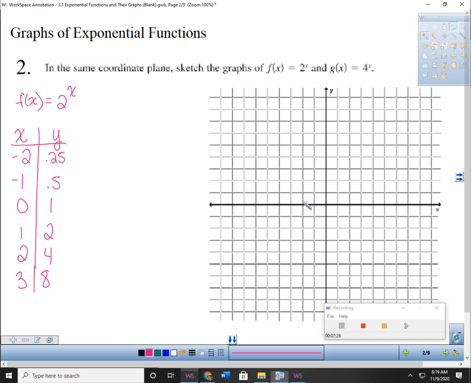So I have -2, 0.25, -1, 0.5, 0, 1, 1, 2, 2, 4, and 3, 8.